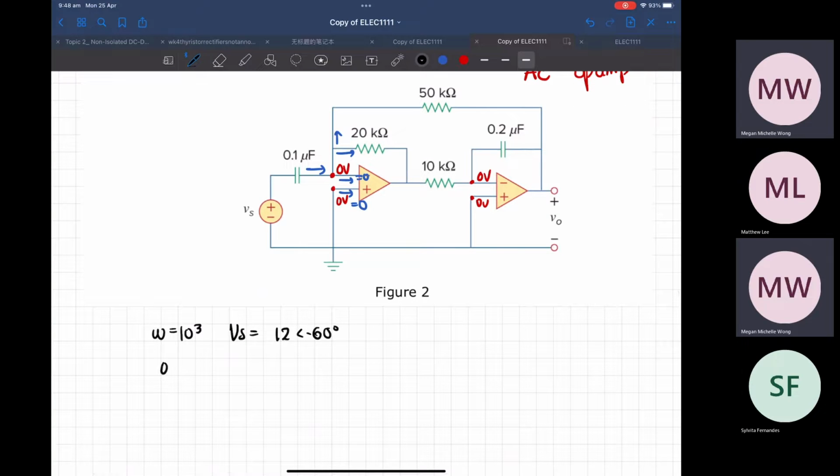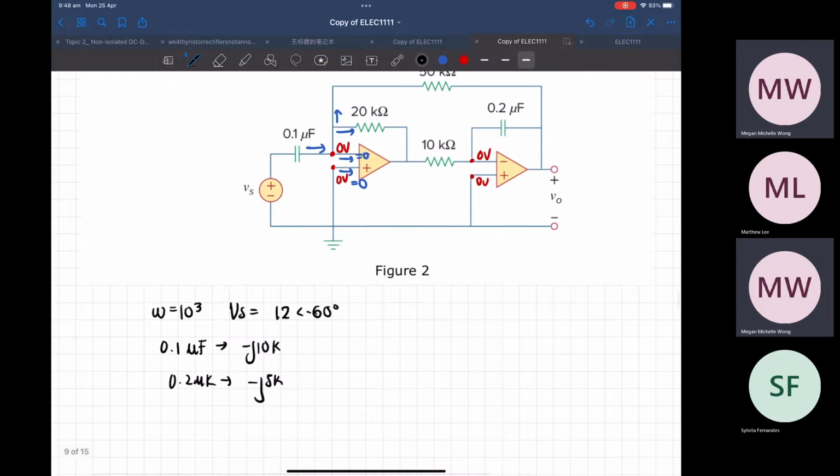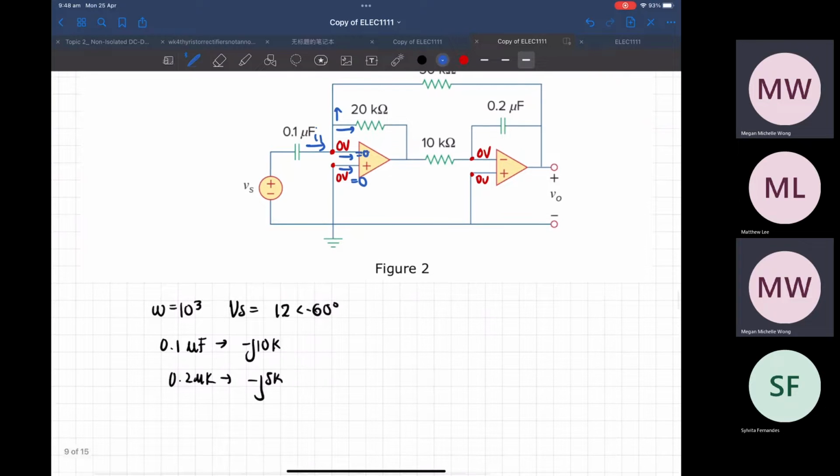And then let's change the impedances. So 0.1 microfarad would go to minus J10, and then 0.2 microfarad will go to minus J5, because 5,000. And then if we just use KCL, let's label this I1, this is I2, this I3.